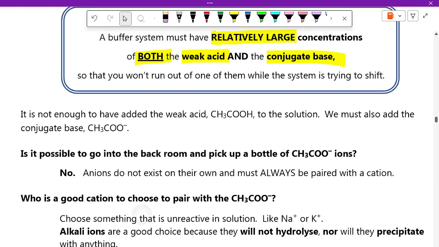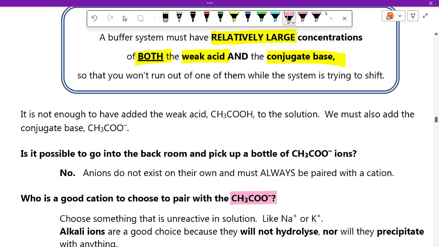And you should know that you cannot go to the back room and get a bottle of acetate ions. You would have to get it as probably sodium acetate or maybe potassium acetate. Always choose it to make sure it goes with what kind of an ion? We've got our anion.